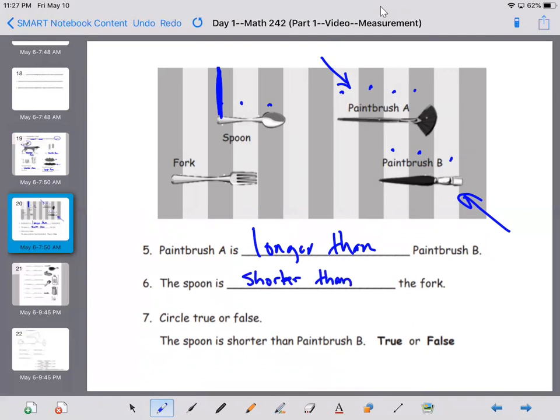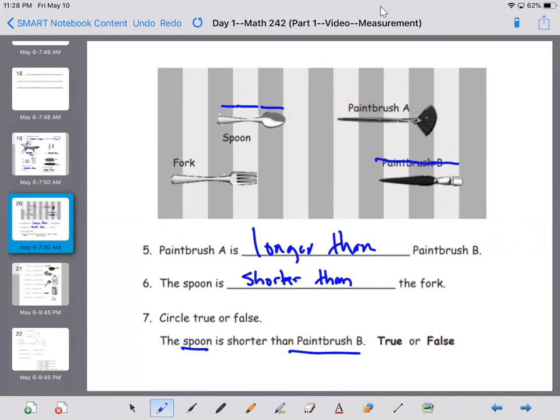And then we could say, well, the spoon, just erase everything here, and let's say, okay, well, the spoon is shorter than paintbrush B. True or false? Well, I would say true or false, and then how can you tell? So we're looking at the spoon and paintbrush B. Spoon looks like it's about 1, 2.5, and paintbrush B looks like it's 1, 2, 3, and so it's definitely longer.